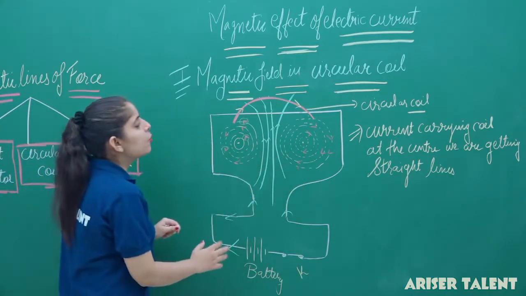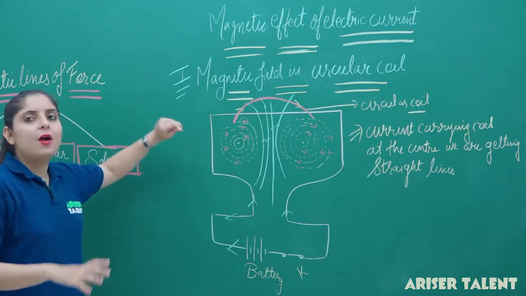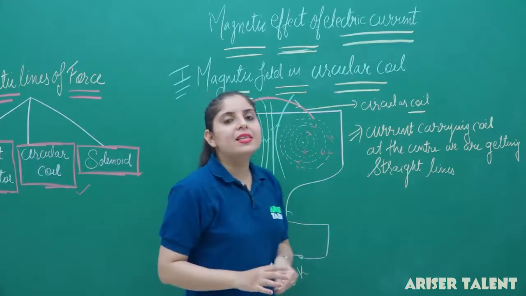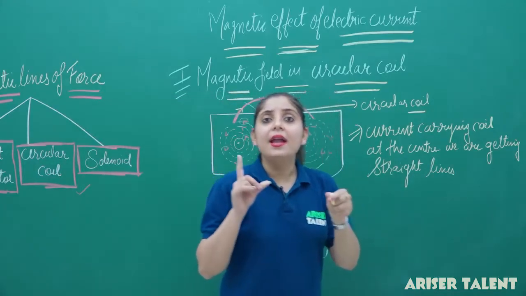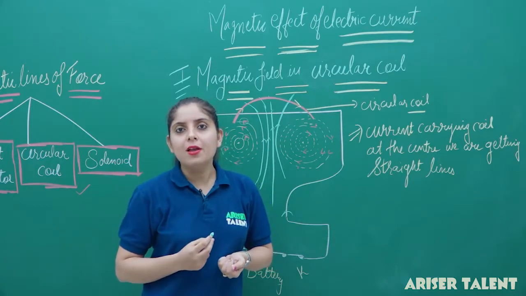In the case of the circular coil, this is what we are getting here. So you just have to remember, if you are taking any circular coil, you will get straight lines at the center, and these straight lines will be perpendicular to the plane of the coil.